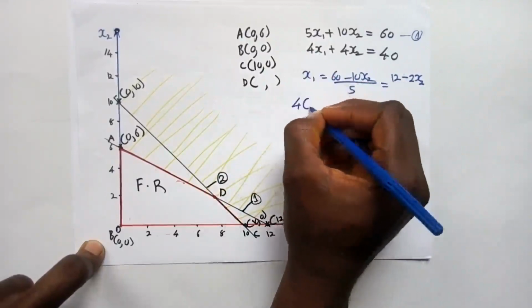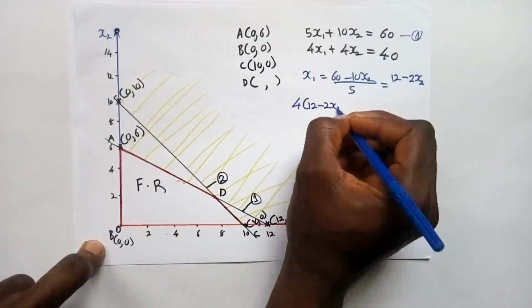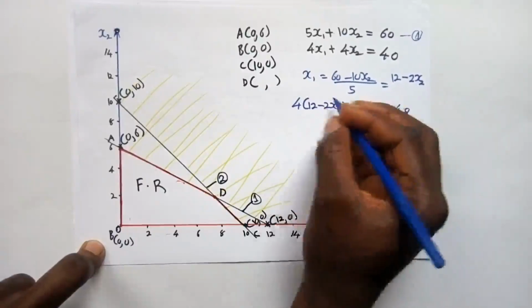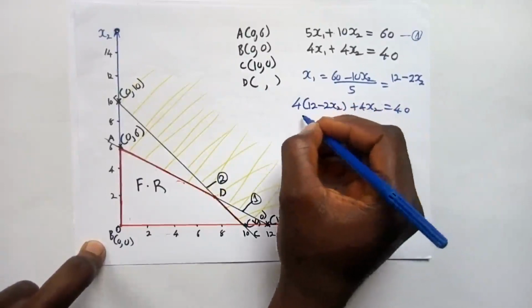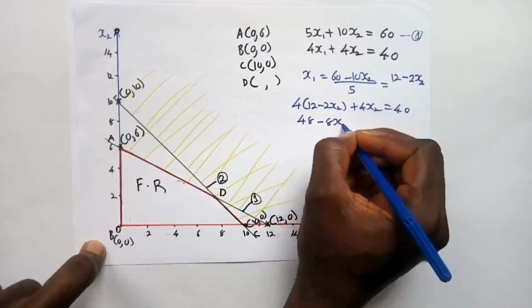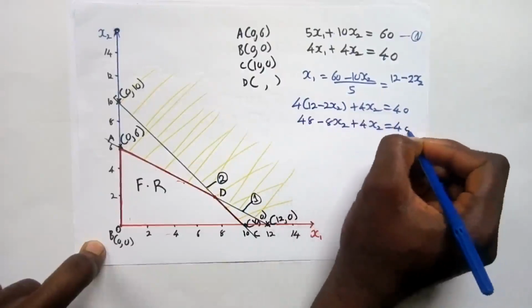So put this value inside the second equation. 4 bracket 12 minus 2s2 plus 4s2 is equal to 40. 4 multiplied by 12 gives us 48, minus 4 multiplied by 2s2 gives us 8s2, plus 4s2 is equal to 40.